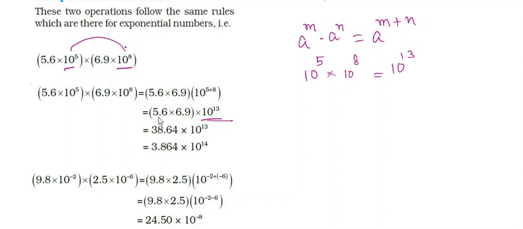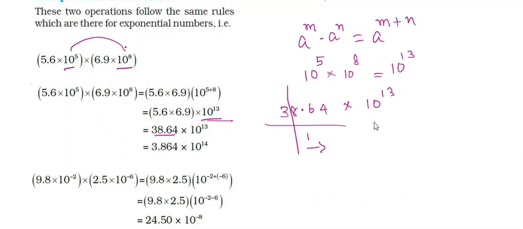Then 5.6 into 6.9 gives 38.64. Once again you have to take a single digit on the left side. So 38.64 into 10 power 13. Now split this. You have one digit only, but you have a decimal here, so you can take one digit on the right side.